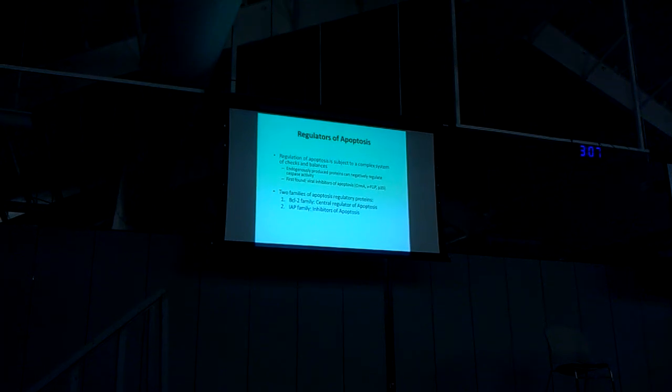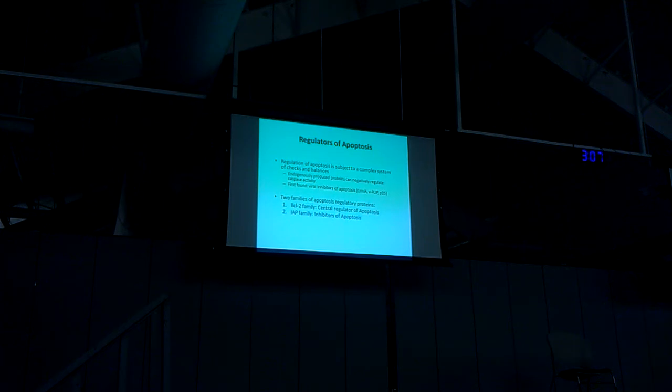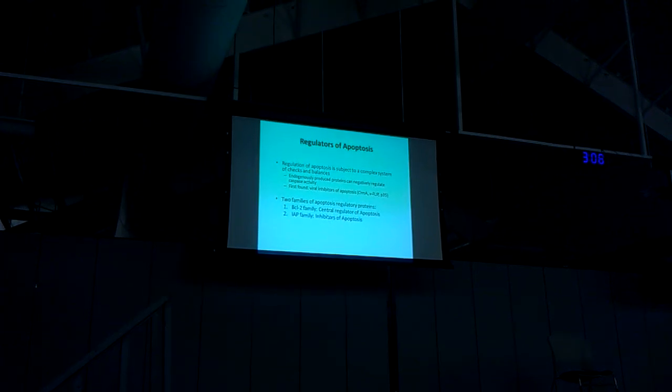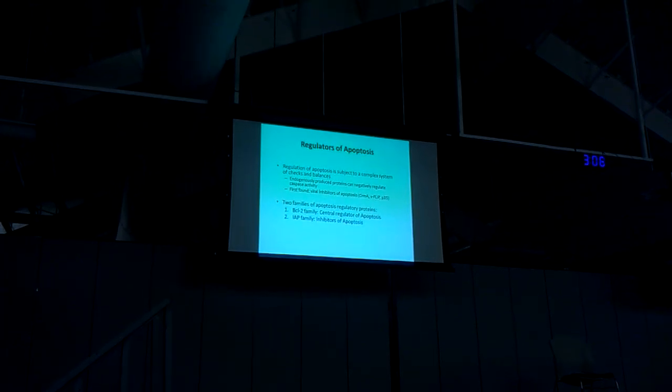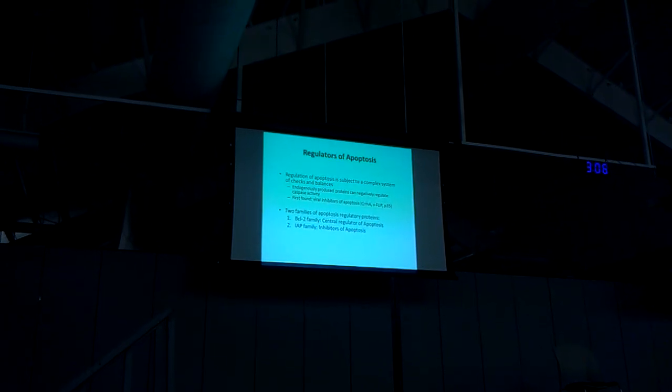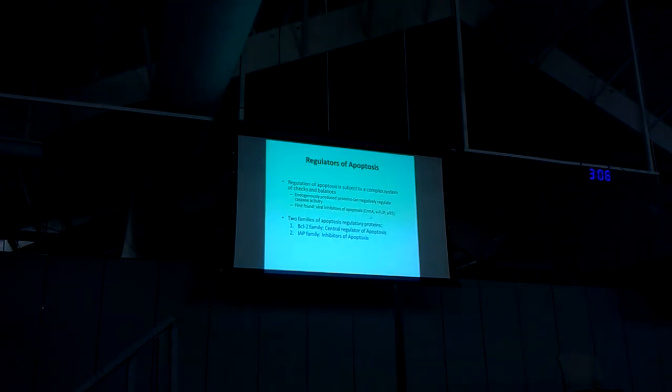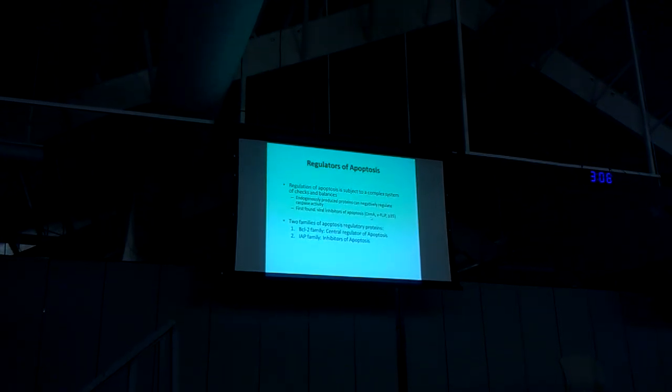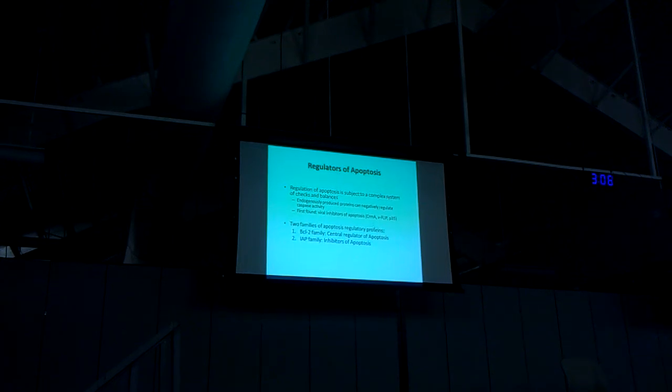The first inhibitors of apoptosis that were discovered were actually viral proteins. We now know of human ones as well, but some of the best studied inhibitors came from viruses. We have one here, CrmA, which is sort of the first studied inhibitor of apoptosis, and it came from cowpox.